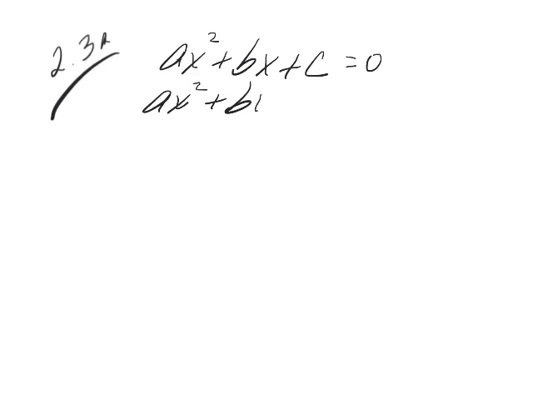Alright, so you're used to a quadratic equation looking like ax squared plus bx plus c equals 0. And a quadratic function looks the same way, only it's ax squared plus bx plus c equals f of x, my function of x or my y.